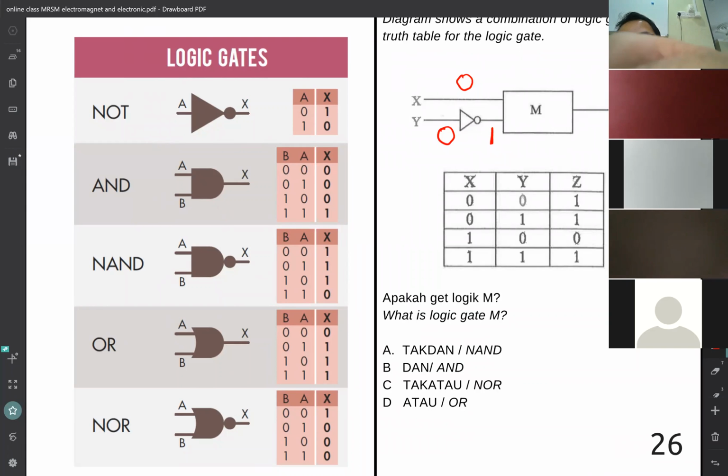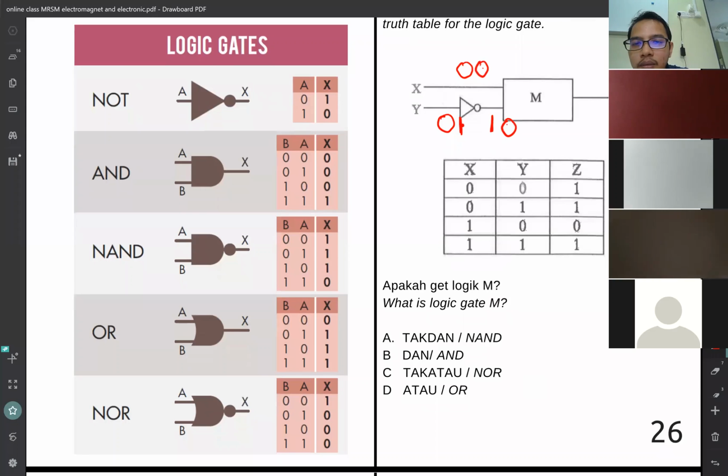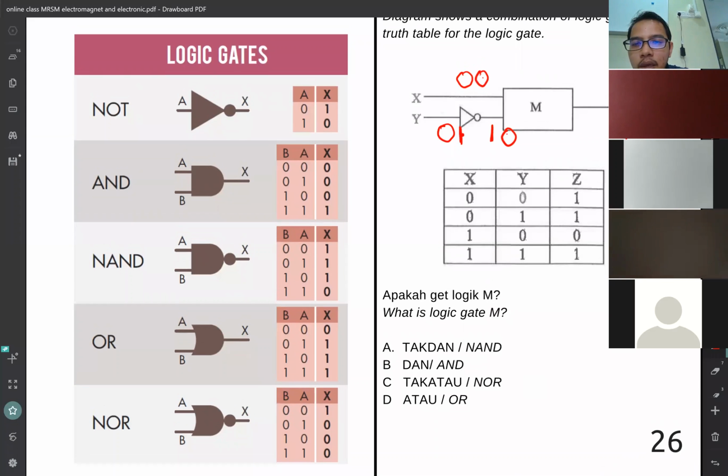And then when 0, 1, so this one becomes 0, 0 and 1 is 1. So the question is, what is the logic gate of M?